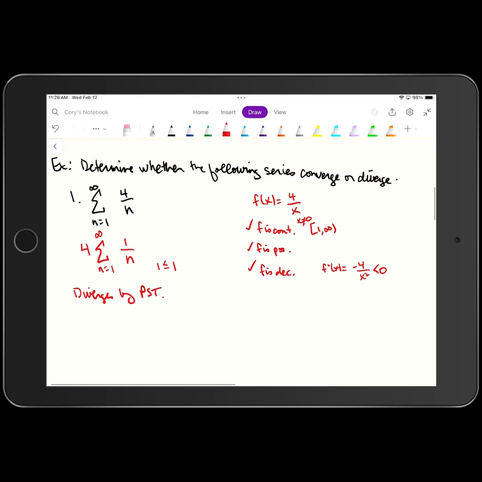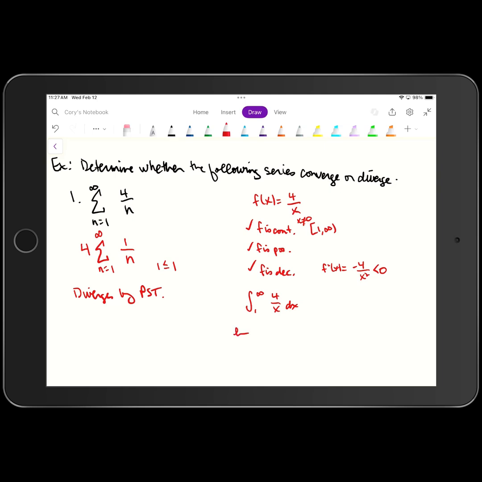Okay, so what we're going to do then is take the integral from 1 to infinity of 4 over x, integrating with respect to x. Again, because my upper limit of integration is infinite, I'm going to rewrite that using the limit definition of an improper integral.